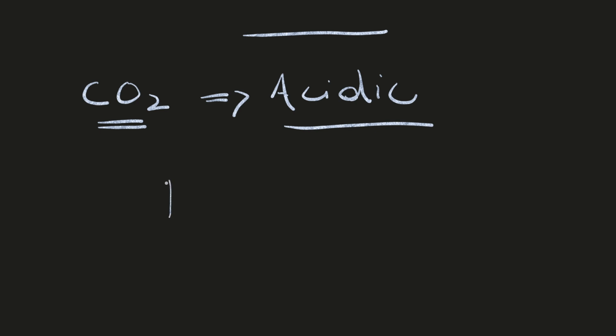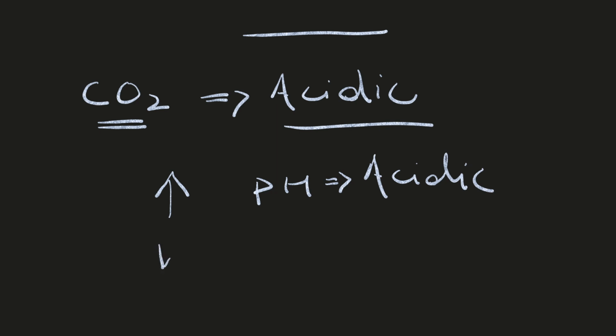So any increase in the quantity of CO2 or partial pressure of CO2 leads to a more acidic pH, and removal of this carbon dioxide from the blood will lead to a pH that is more towards the basic side, that is alkaline.